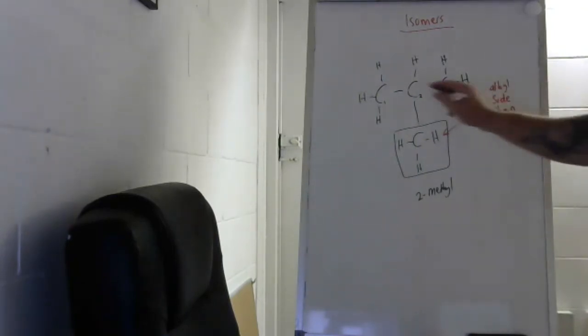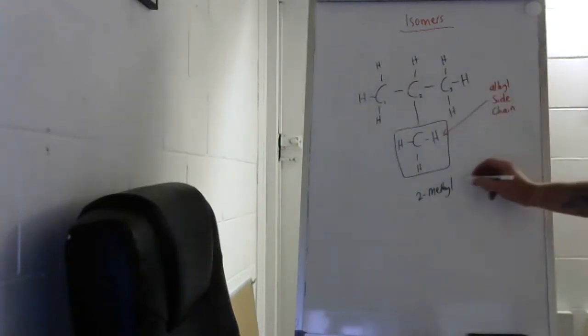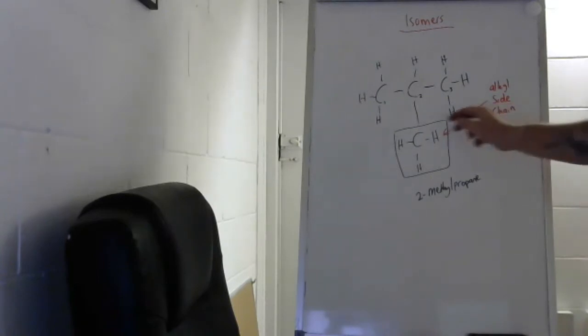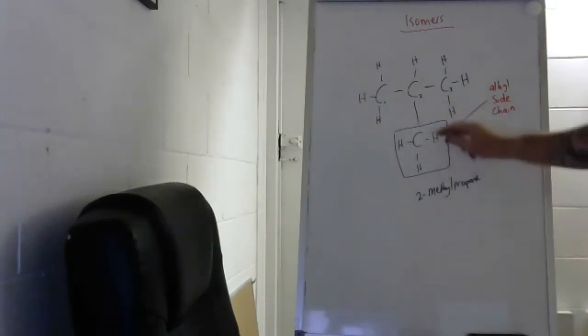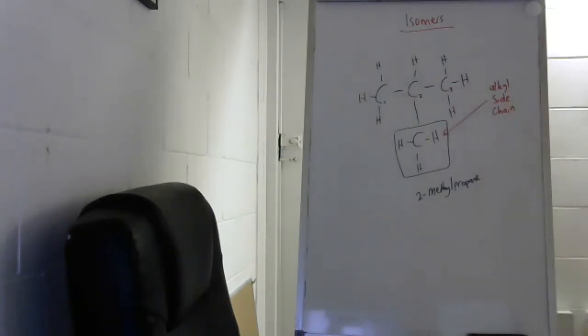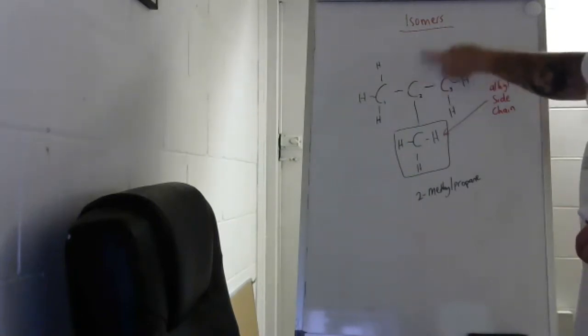And the longest continuous carbon chain is 1, 2, 3, so we call it 2-methylpropane. So we name the functional group. In this case, it is the methyl group. We number the carbons. Then we name the parent chain, which is the longest continuous chain. Now I hear you say, what if there's more than one side chain? I have no fear.